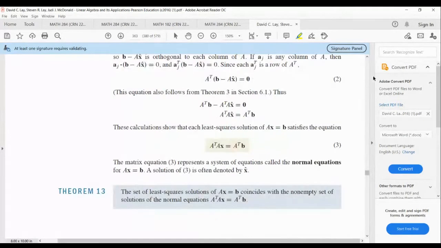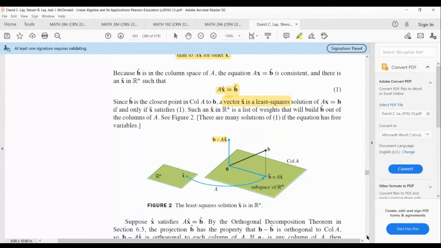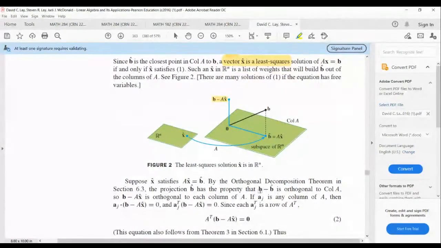we note that the vector b minus A x hat is orthogonal to every column vector of the matrix A, because the column vectors of the matrix A lie in the column space of A. So if a sub j is any column of the matrix A, the dot product of the vector a sub j with the vector b minus A x hat would equal 0, because those vectors are orthogonal.